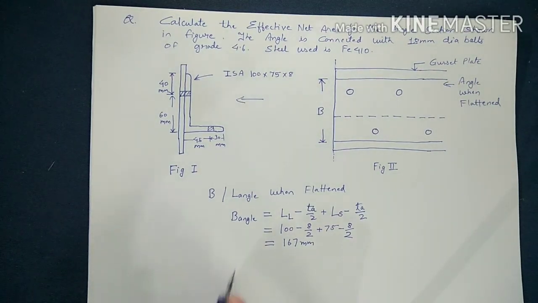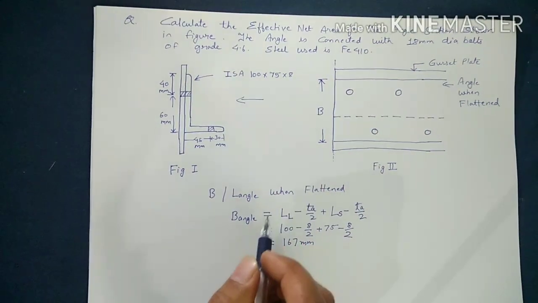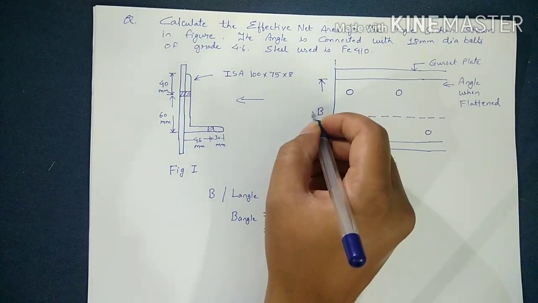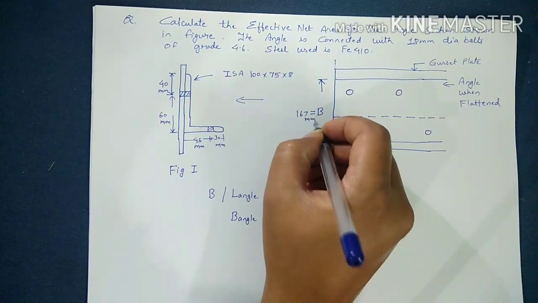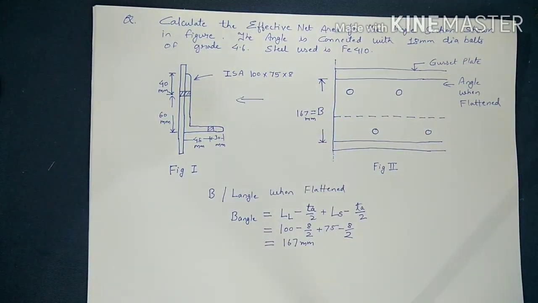So now on flattening, the width of the angle comes to 167 mm. Now we have to find the net sectional area. Before proceeding, we should assume the plane in which it can fail.